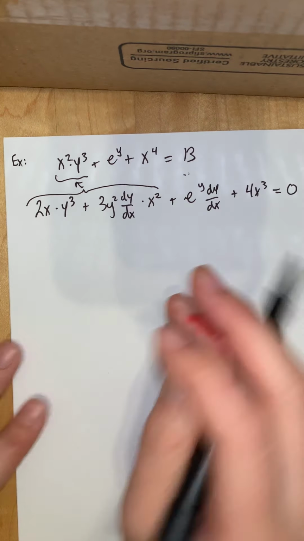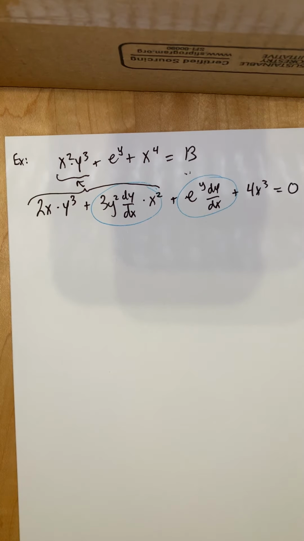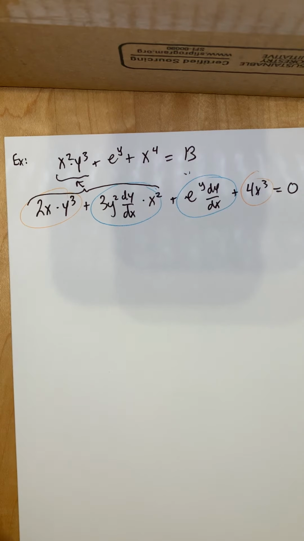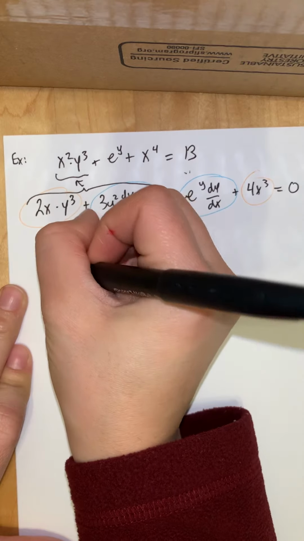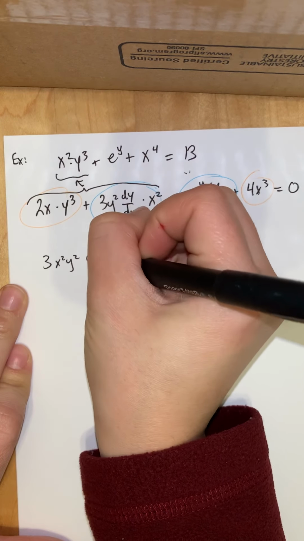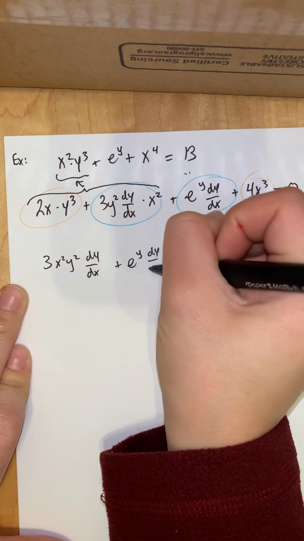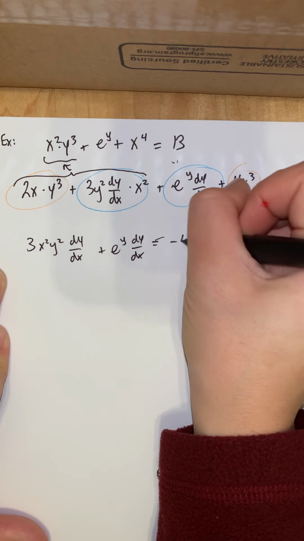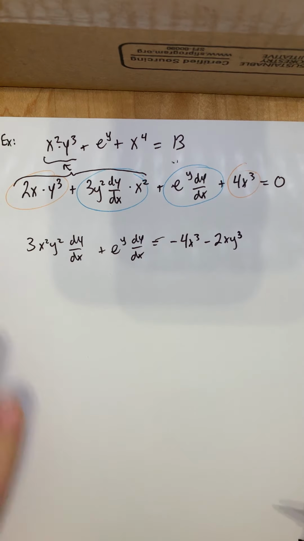Now everything that does have a dy dx stays on the left. Everything that does not moves to the right. So this begins to look like, I'm going to reorder this term a little bit, 3x squared y squared dy dx plus e to the y dy dx equals negative 4x cubed minus 2x y cubed.